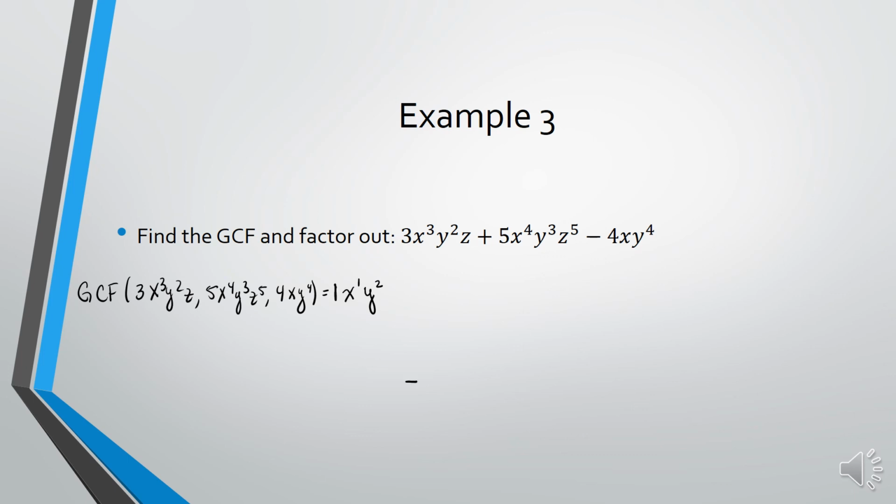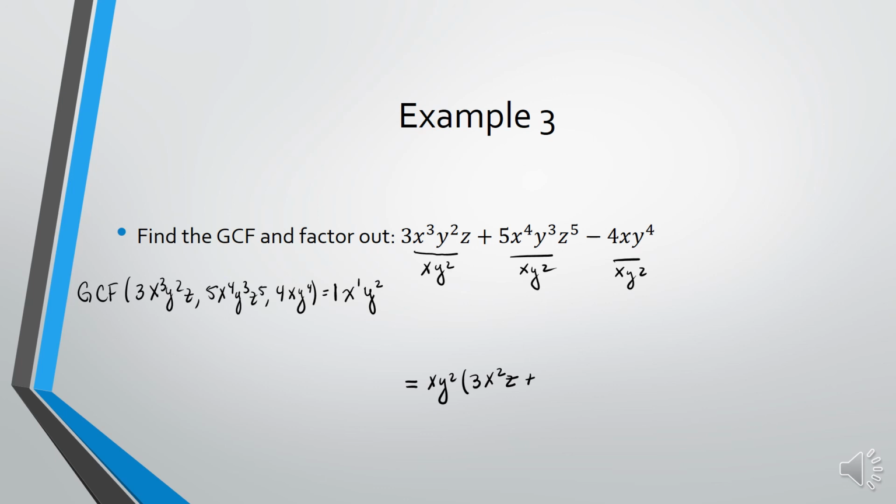So I'm going to write my answer down here since we are running out of room a little bit. So my greatest common factor was x y squared, which means I should be able to divide each of these terms by xy squared. For my first term, when I divide this out, I'm going to be left with that 3. I'm getting rid of one x, so I'm left with 2 of them. The y squareds cancel, and I still have my z.